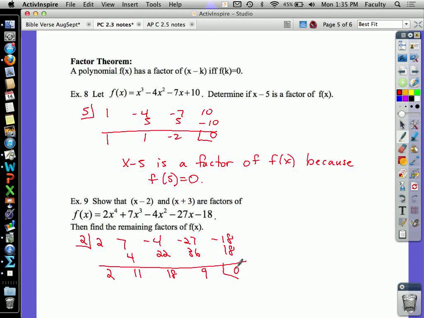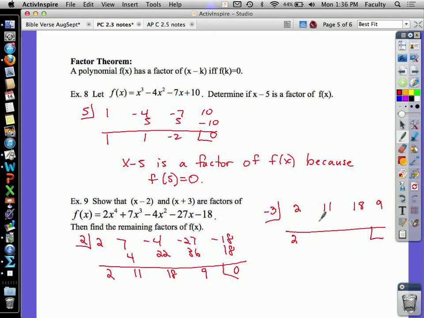Okay, good thing we got 0. That means it went in evenly, and it should have, because the problem said, show x minus 2 and x plus 3 are factors. So it is. Now, I'm going to take the -3, and this is now an x cubed, isn't it? Because I took an x to the fourth divided by an x to the first. So then I'm going to take that answer and take an x cubed divided by an x to the first and get it down to that x squared.